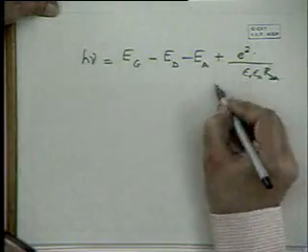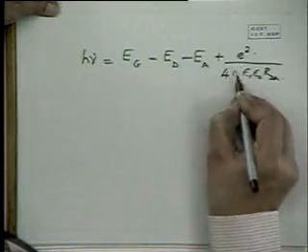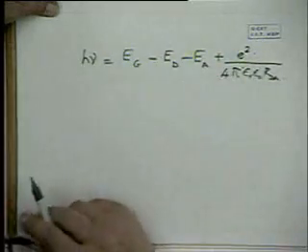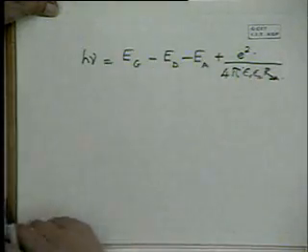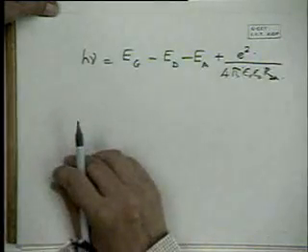But in MKS units there is a factor of 4 pi here. Otherwise you will get the relation completely wrong. So now if you use this expression, you will get the right values.